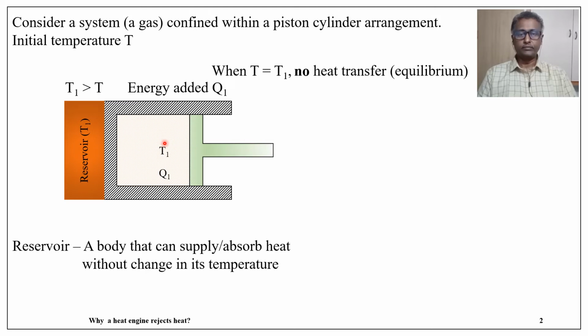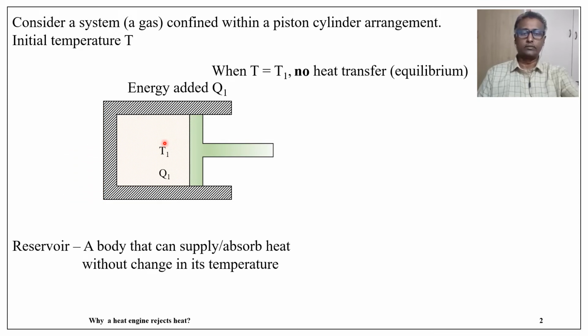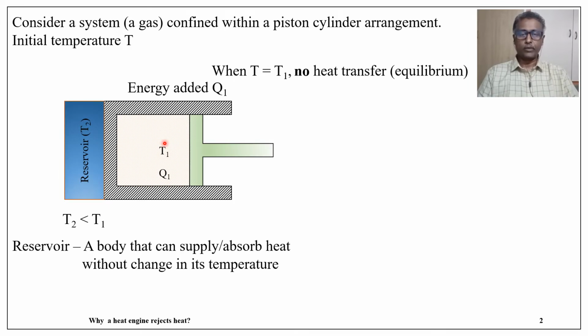What is the alternate way? Disturb this equilibrium. How are we going to disturb this equilibrium? Remove this reservoir. Bring another reservoir in contact with the system whose temperature is T2, and T2 is less than T1. Once again, there is a temperature difference between the system and the reservoir. Now the system is at a higher temperature.